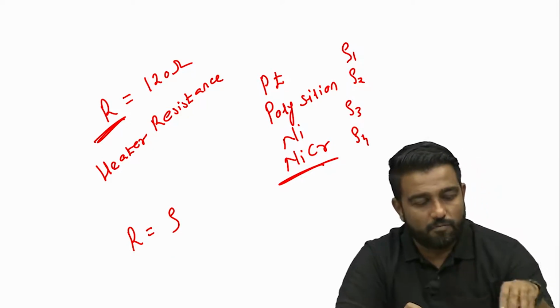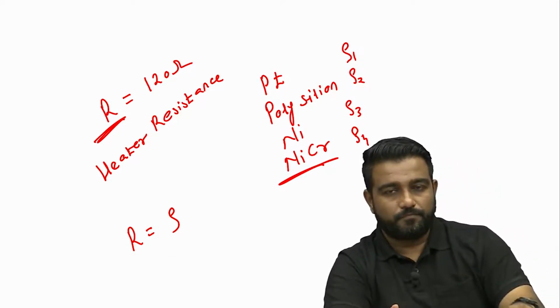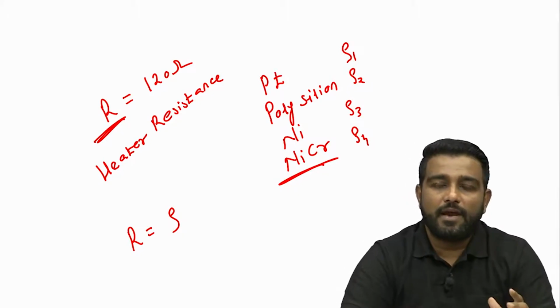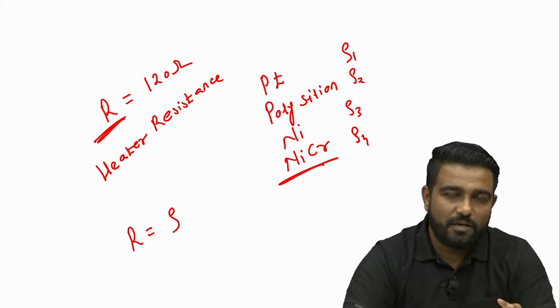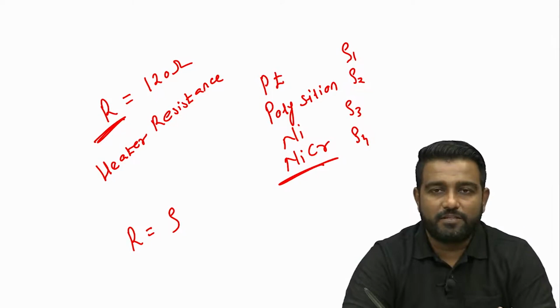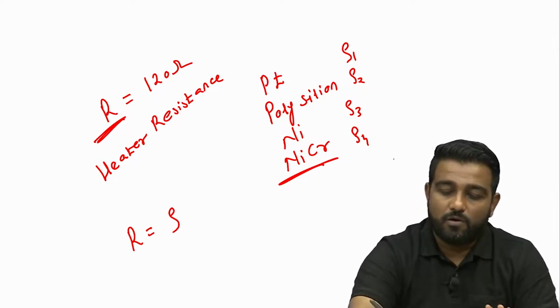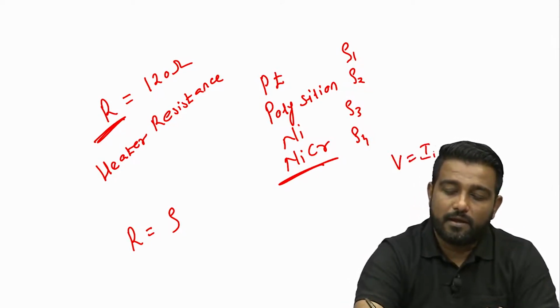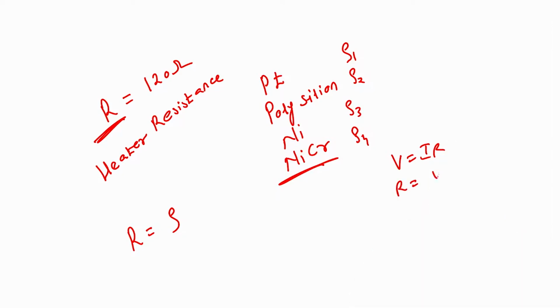What else forms the resistance? If I ask you the equation of a resistor, most people will answer, oh, it is V equals I R, and that is why R equals V by I, right. But that is not the correct answer.